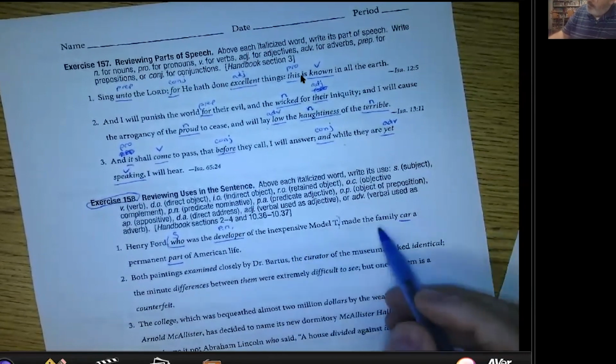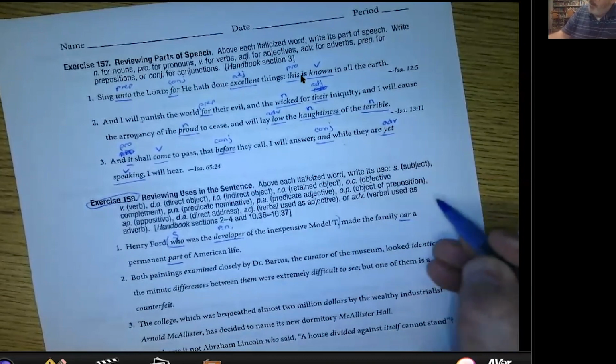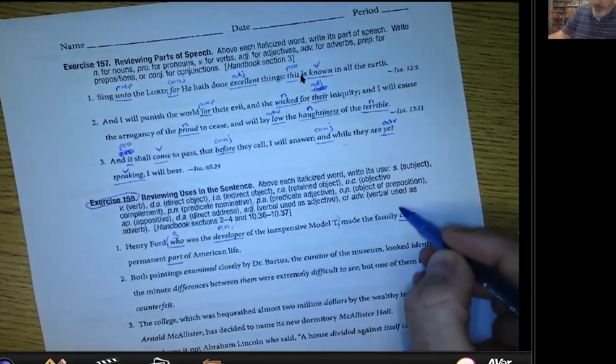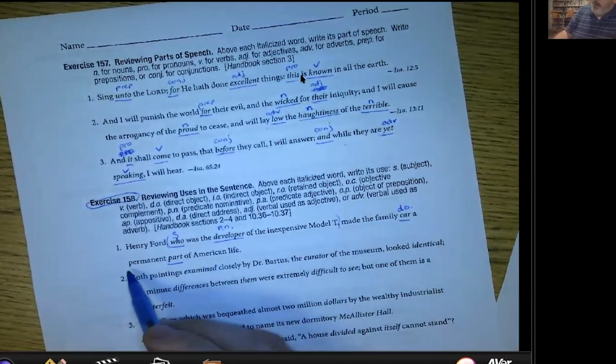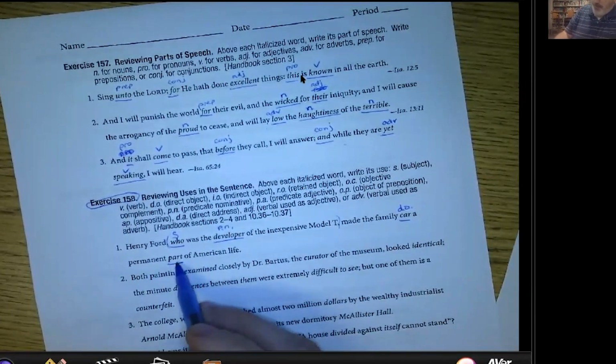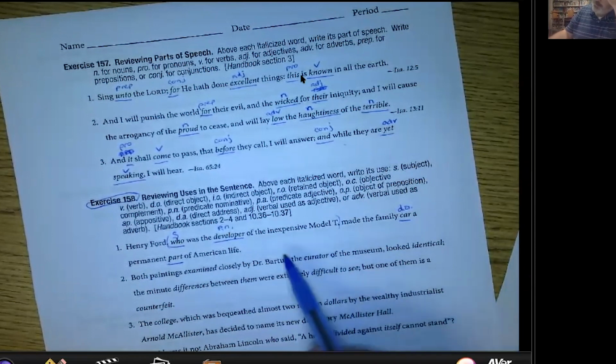Now, so Henry Ford made the family car. He made, it's an action verb. That should be direct object. Okay. He made it a permanent part. All right. So this one's tough. So he made the car a part.